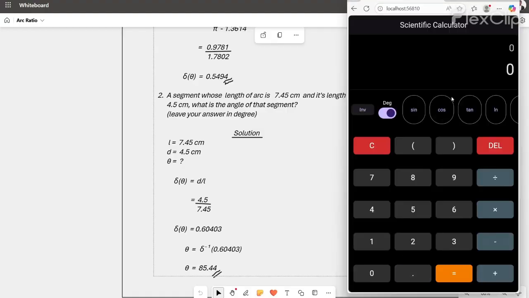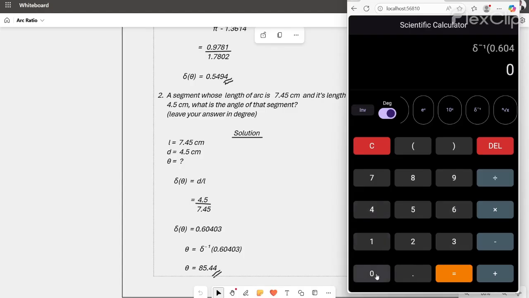If you use our beautiful calculator, let's use the inverse function. Delta inverse of 0.60403 close bracket equals 85.44 to the nearest.